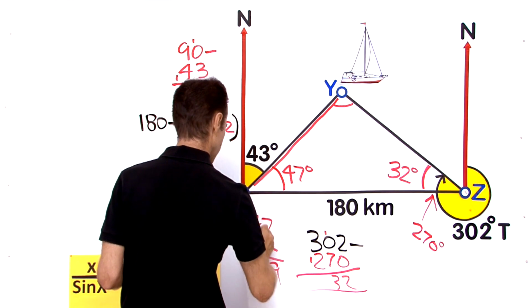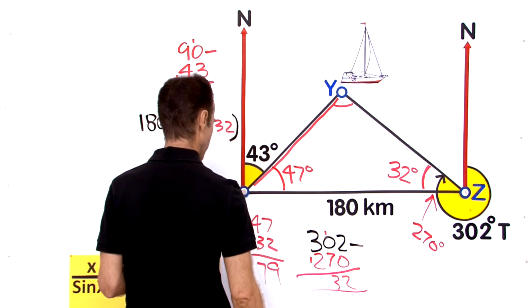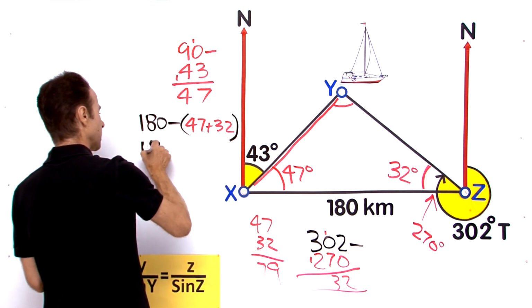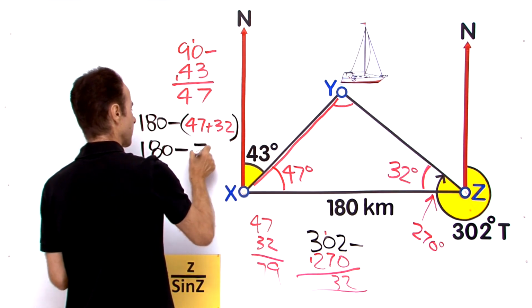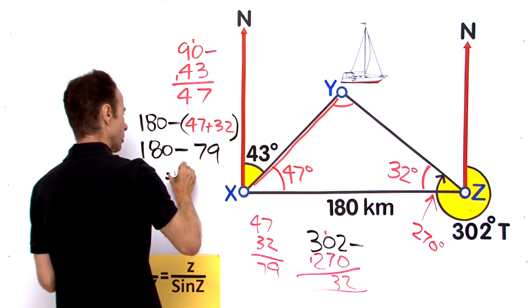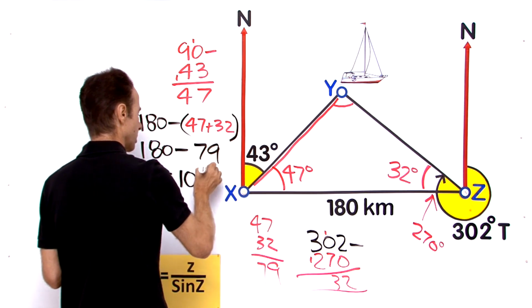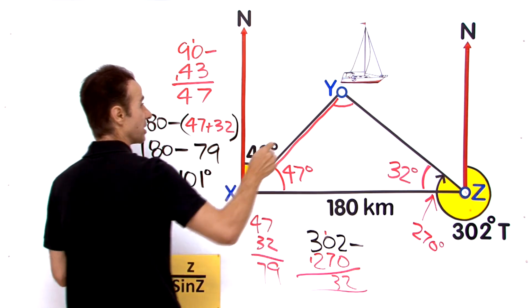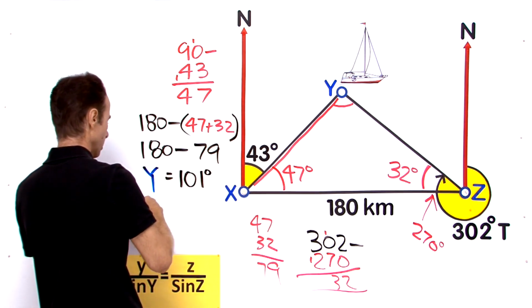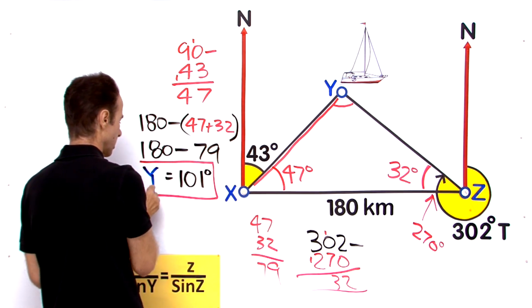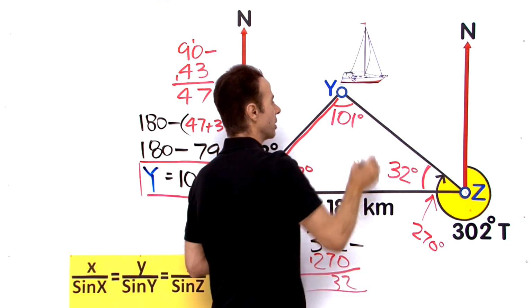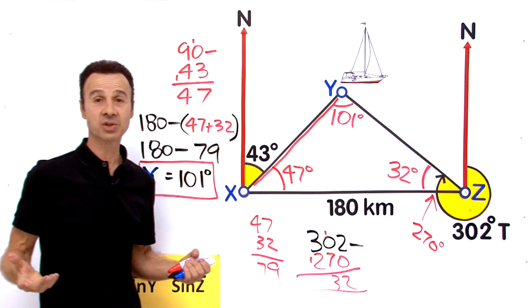That's 79 degrees, so 180 take away 79. That's going to give us an angle of 101 degrees. So that's the angle right there at Y. So Y is equal to 101 degrees. Let me just put it in there. 101 degrees.